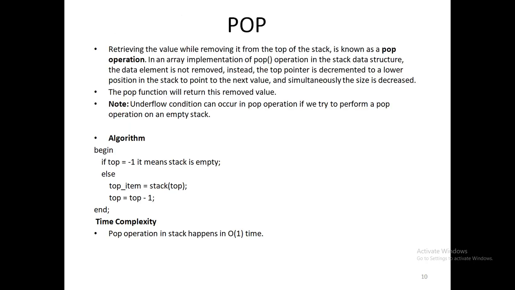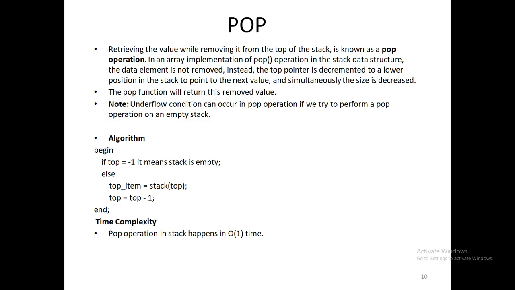For pop, while inserting an element we need to verify whether the stack is full, but when doing the pop operation, you must verify whether the stack is empty or not. If the stack is empty, we don't know whether an element is present, which is why we check. After checking that the stack is not empty, we take the item from the stack and then reduce the top by 1, because before accessing the element we cannot reduce the top.